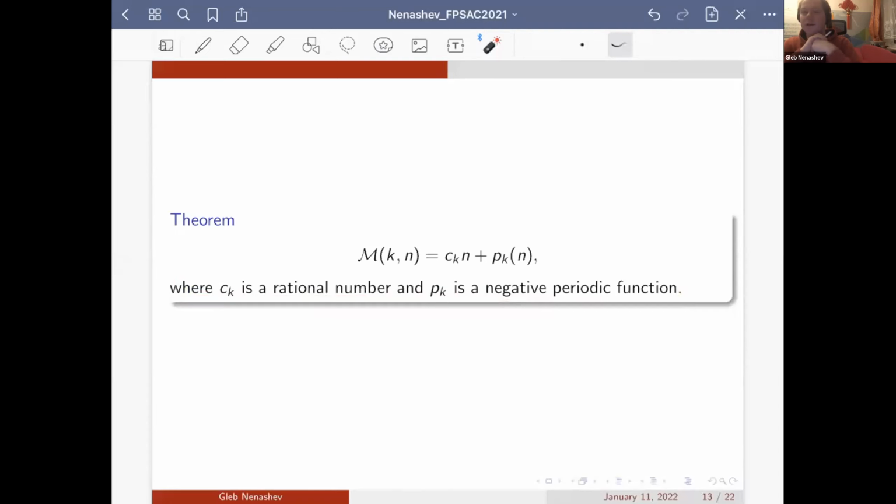The idea is very technical. We just consider some reduced wiring diagrams in another sense, and we prove that there are only finitely many different combinatorics, and from this we get that this limit should be rational.